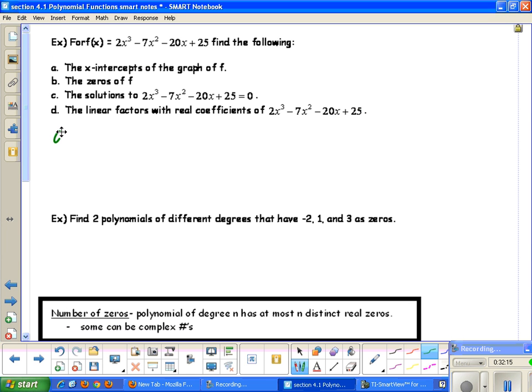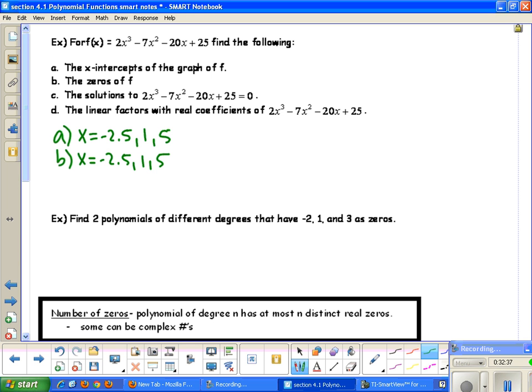So the x-intercepts of my graph would be x equals negative 2.5, 1, and 5. So the zeros of f would also be the same thing. So the zeros are negative 2.5, 1, and 5.